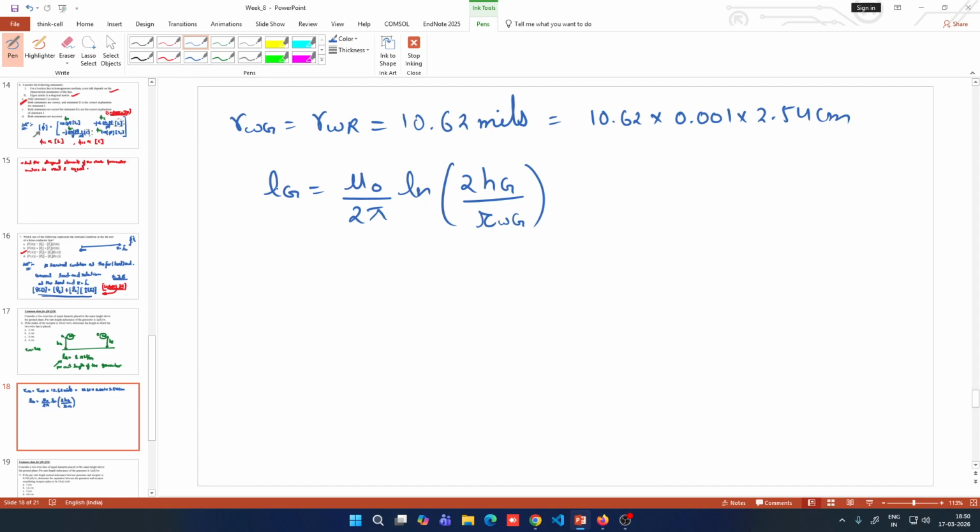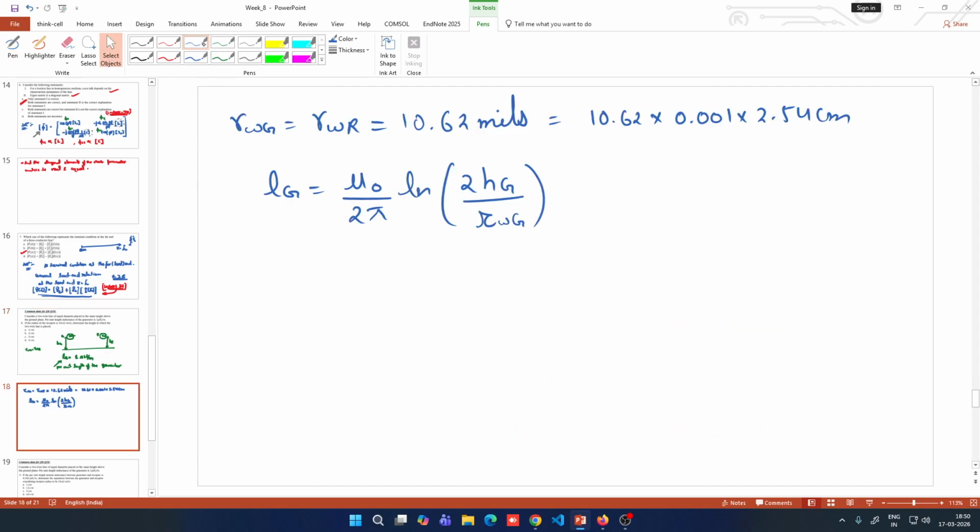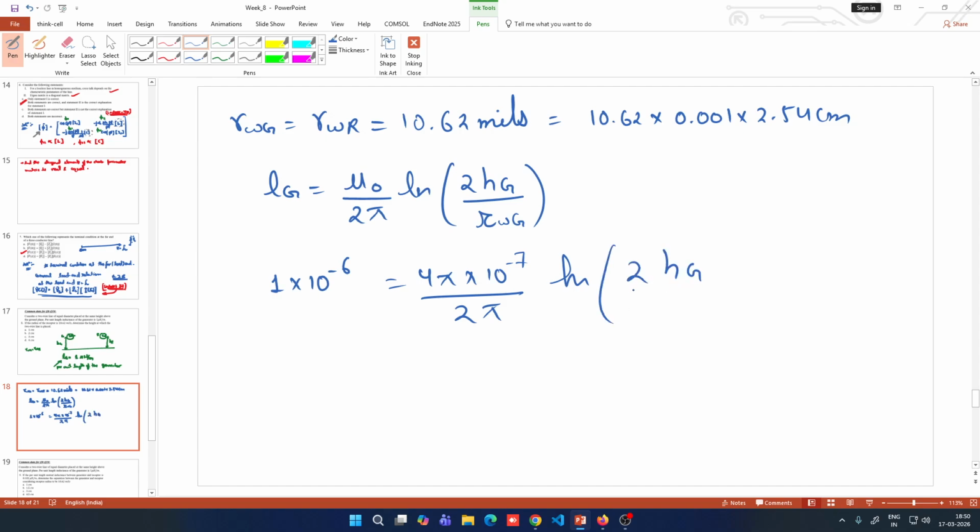So now it's simple, right? We know Lg, which is 1 microhenry per meter, that is 1 times 10 to the power minus 6 henry per meter, and 4 pi times 10 to the power minus 7 by 2 pi, ln of 2 times Hg by Rwg. This Hg we have to find, and Rwg we already know it is 10.62 times 0.001 times 2.54.